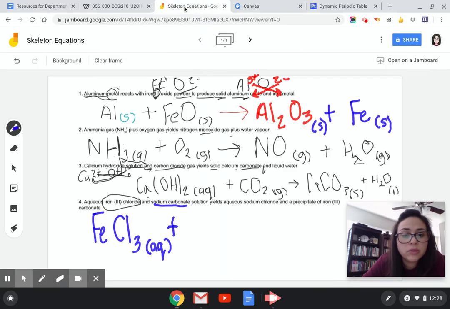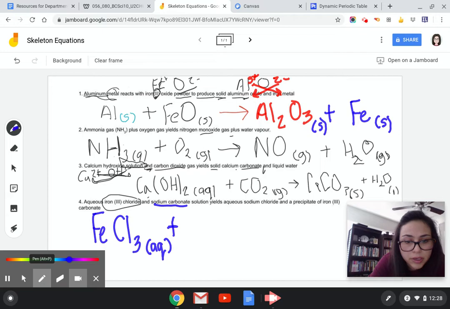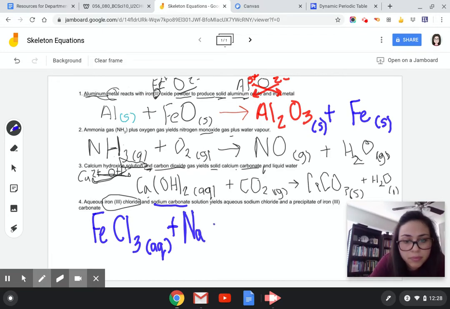So that's what we need to write. That's the next step here. So sodium carbonate, okay. And it says solution. So again, a solution is AQ.